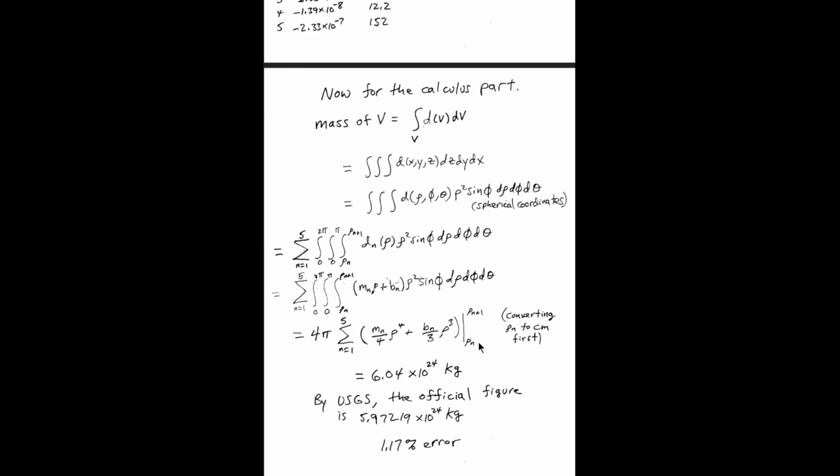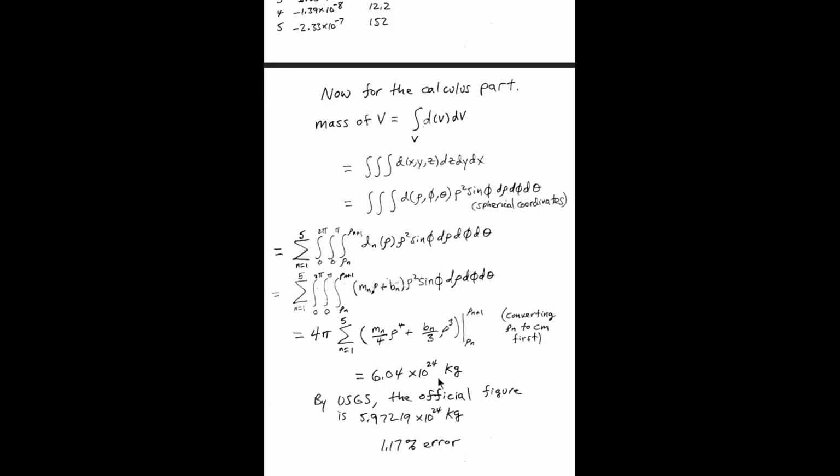Now, when we put these rho sub n's into this, we first have to convert to centimeters again, so we can avoid the erroneous results. And when we do that, I did that on Mathematica, we come with a figure of 6.04 times 10 to the 24th kilograms.